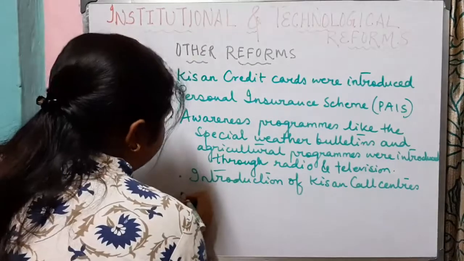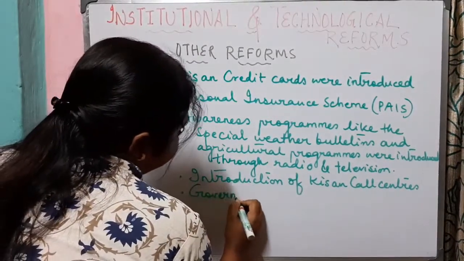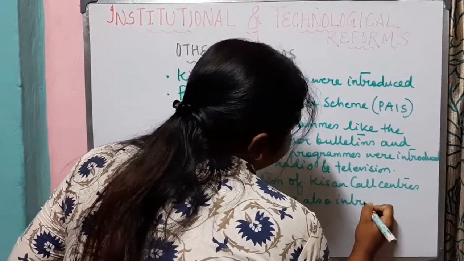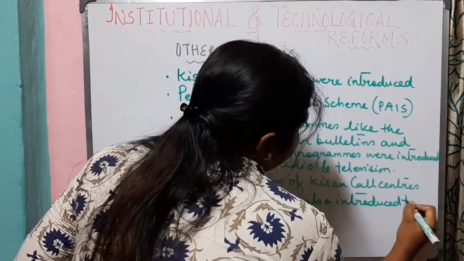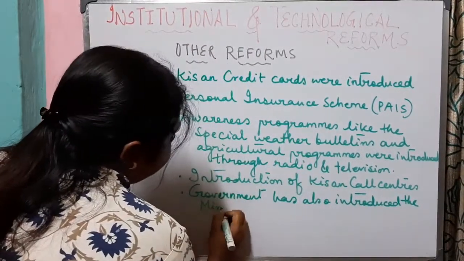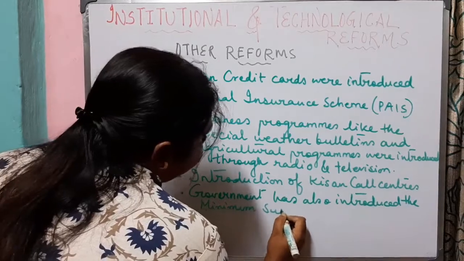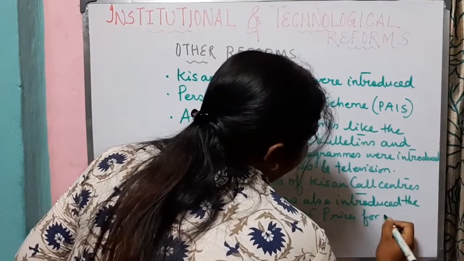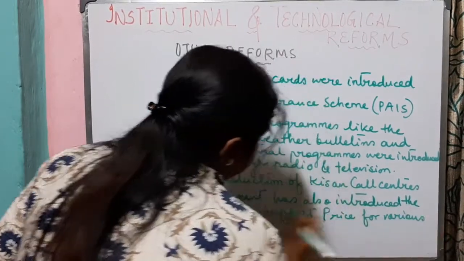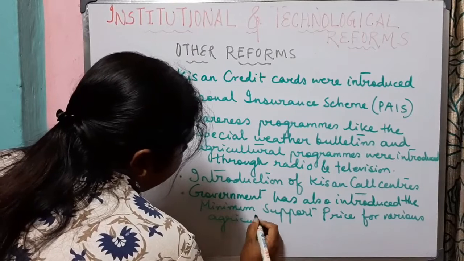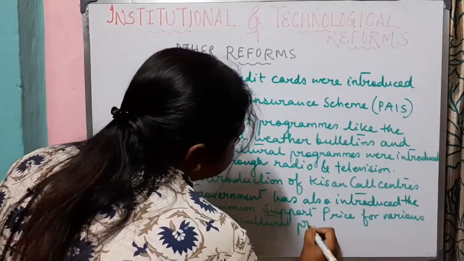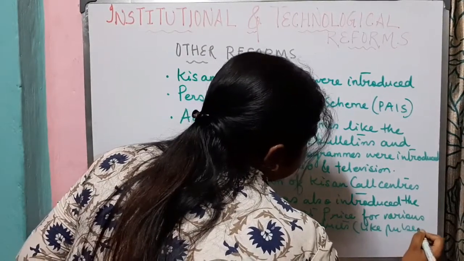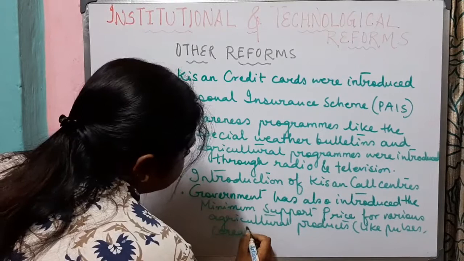But now the government has also introduced the minimum support price for various agricultural products, like for pulses, for cereals.